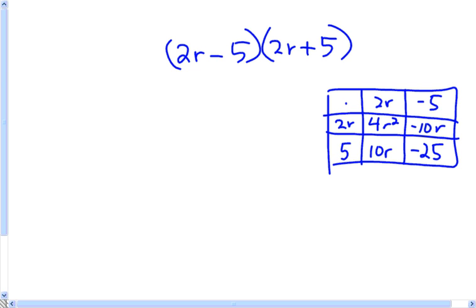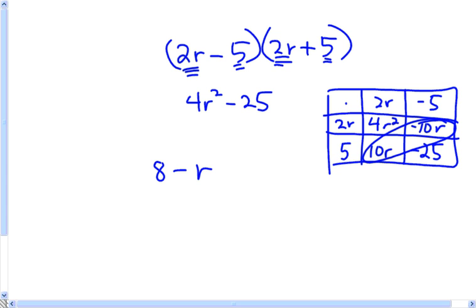And when we add those together, they're going to equal 0. So we're just going to end up with 4r squared, which is this number times this number, and then minus this number times this number. And let's just see if that happens in all cases. Like let's say we had, I don't know, 8 minus r times 8 plus r.